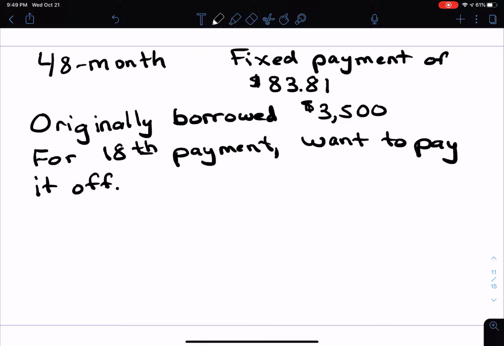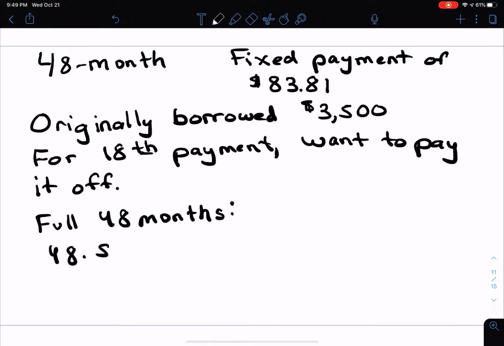Okay. So if this loan were paid in full, 48 months would look like this: 48 times $83.81, and that would be $4,022.88.